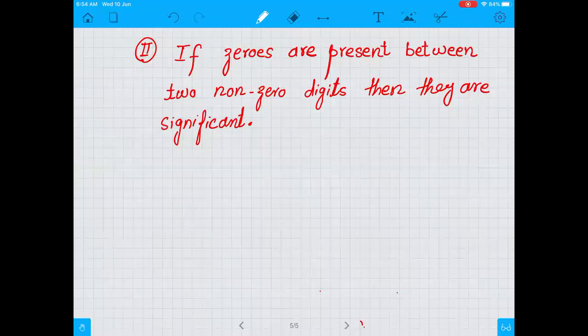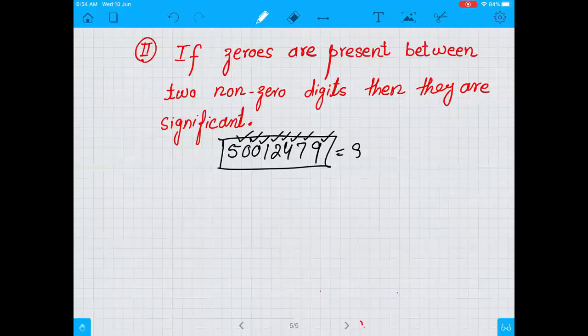Let's suppose you have a number 5001247. How many significant figures are there? Now here you have 1, 2, 3, 4, 5, 6, 7. It has 7 significant figures.